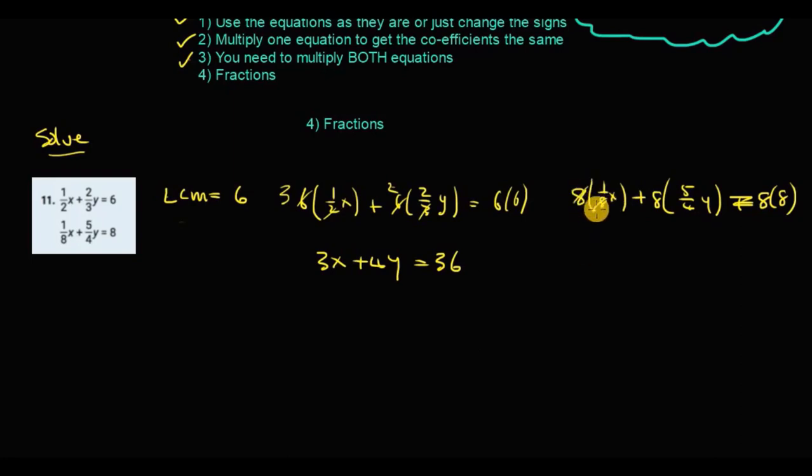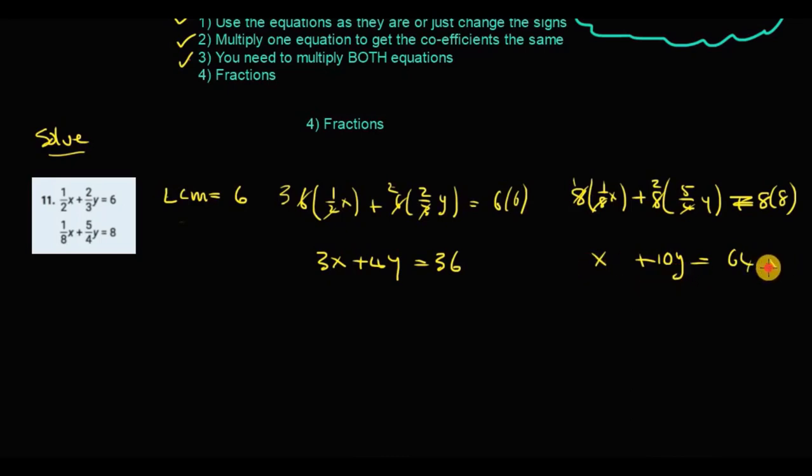The 8 goes into the 8 once, so I just get 1 multiplied by 1x, that's x. The 4 goes into the 8 twice. 2 multiplied by 5 is 10y. And 8 multiplied by 8 is 64. Now I need to eliminate the, well, I have a choice, but probably the x's, because 4y and 10y aren't, they'd have to multiply both equations.